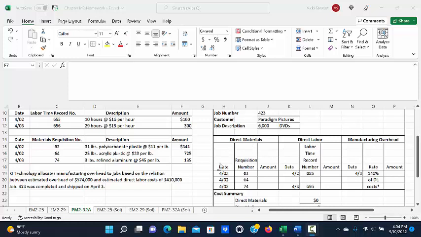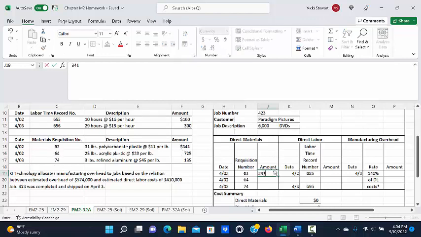So in this portion of the record we are going to record the cost of the materials that were used to complete this job, and the problem has given us that, the dates and the materials requisition numbers, and then we're going to complete each of those amounts. So $341 on April 2nd, another $725 that day, and then on April 3rd, $135.